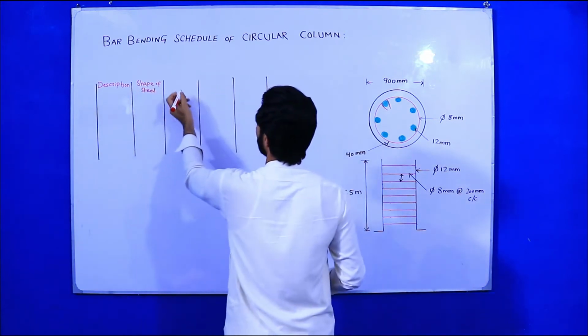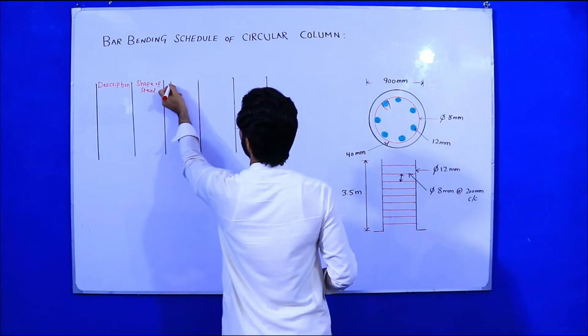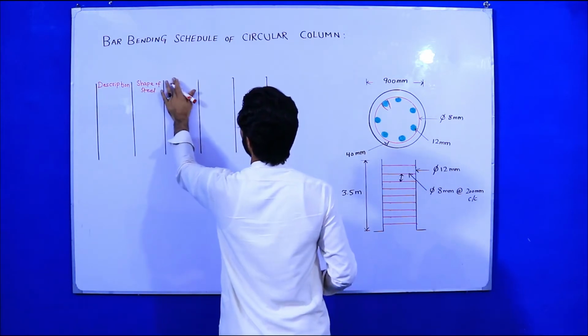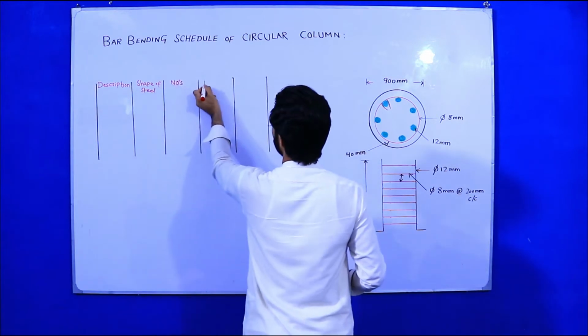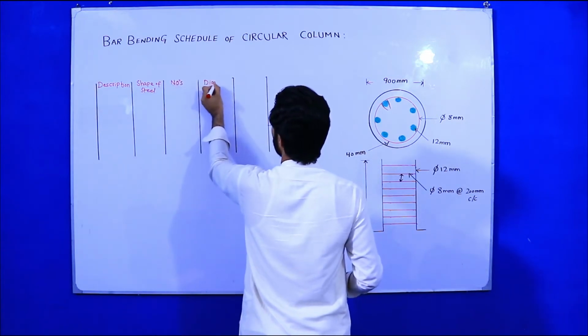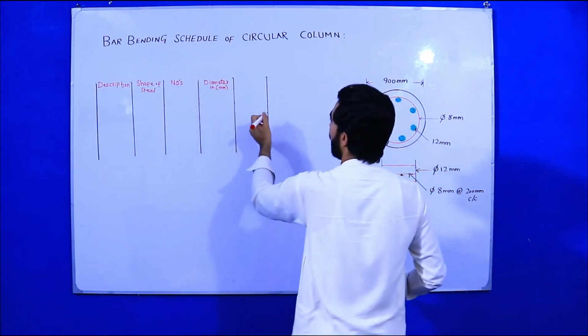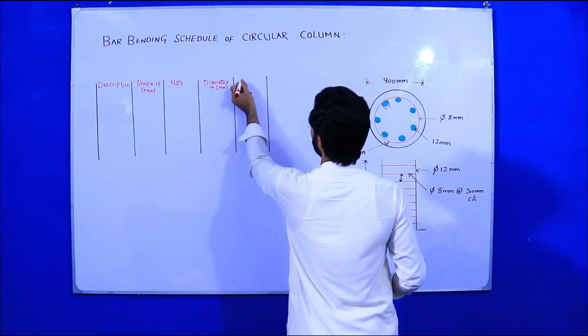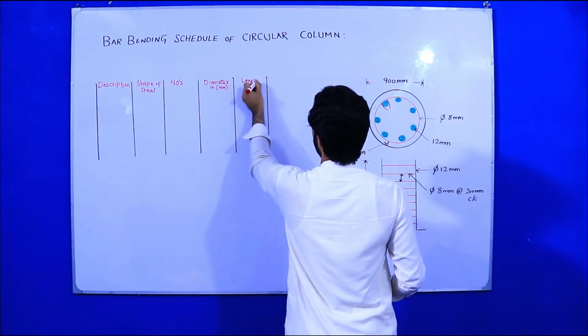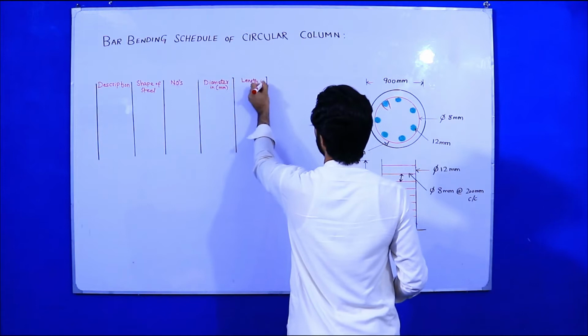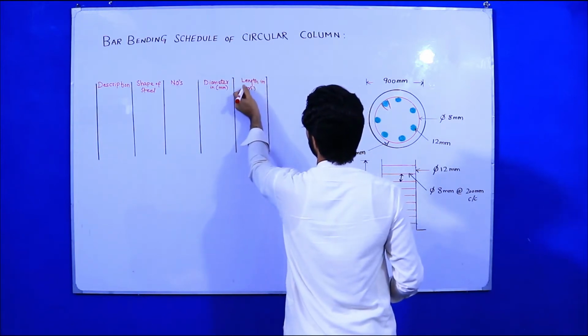And third you will write number of steel, numbers. And fourth you will write diameter in millimeter. Okay, in the fifth column you will write the length, also length in meter, right?